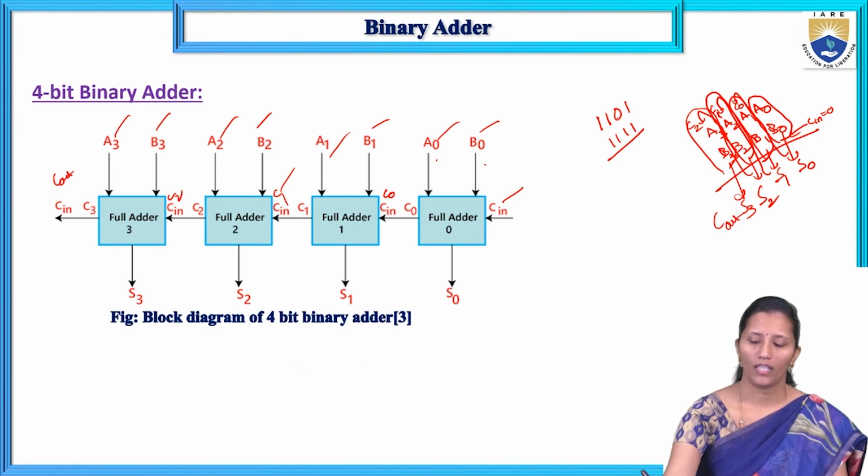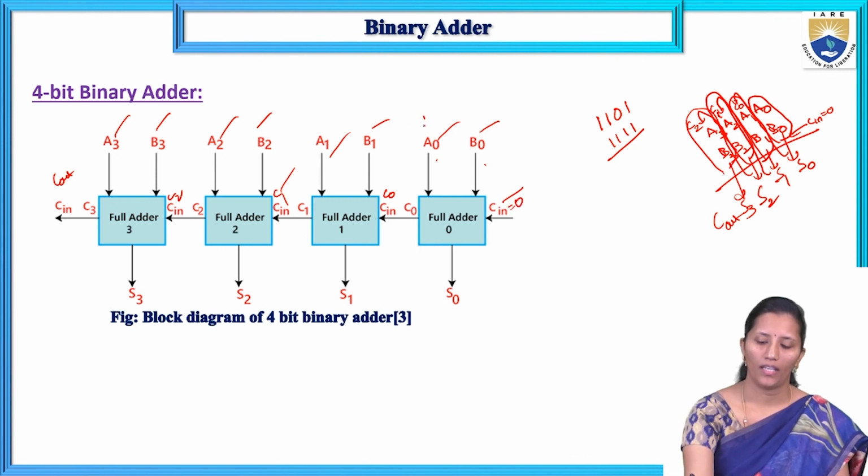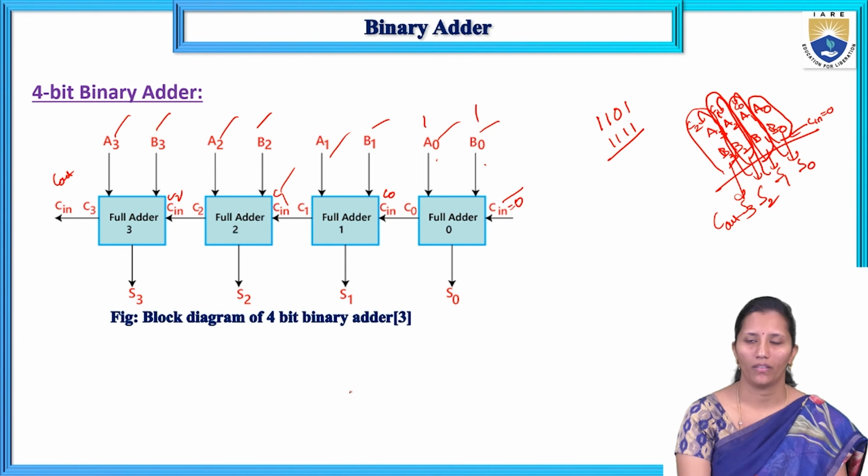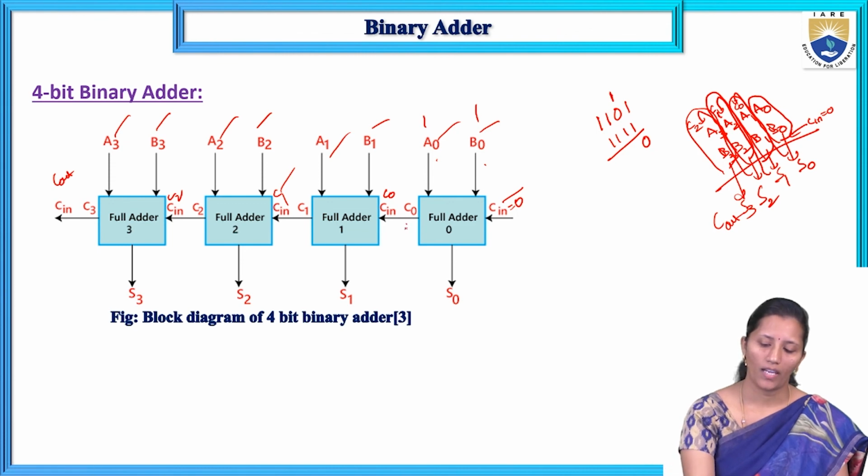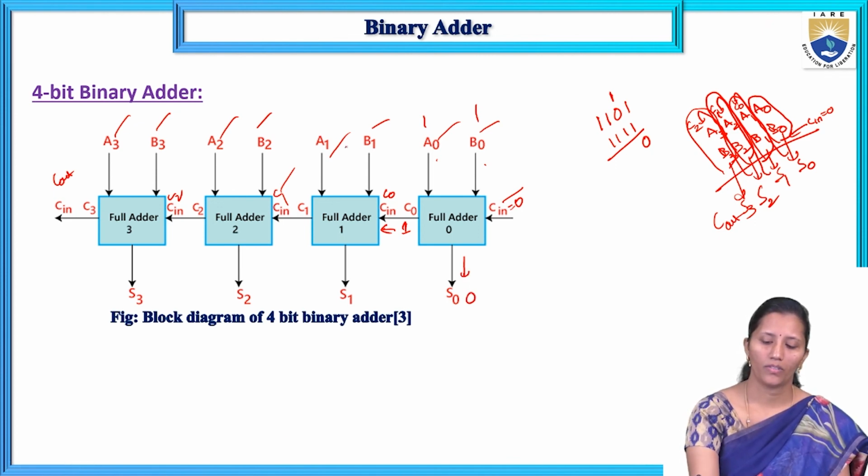If we take the example 1101 and 1111, first we give C in as 0, and A0 and B0 are 1 and 1. So 1 plus 1 gives sum 0 and carry 1. The carry 1 is forwarded to the next stage and the sum here is 0. The second full adder inputs are 0, 1 and C0, which is 1.